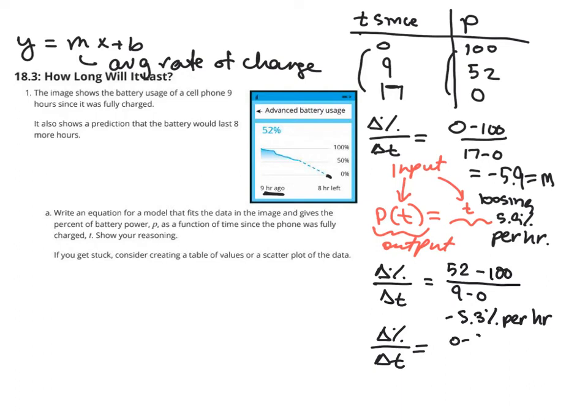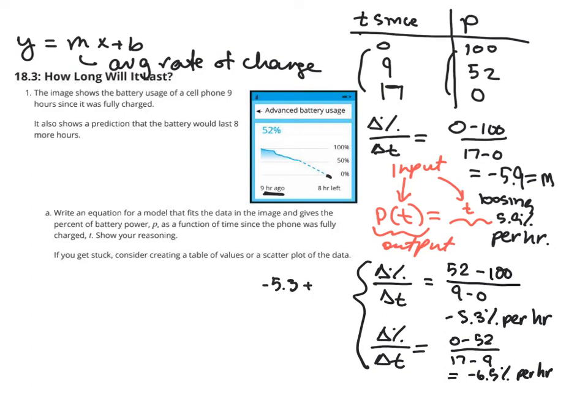So 0 minus 52 over 17 minus 9. So I have negative 52 divided by 8, that gives me negative 6.5% per hour. So I am interested in averaging those two. I think that might give us a better picture of the change totally.